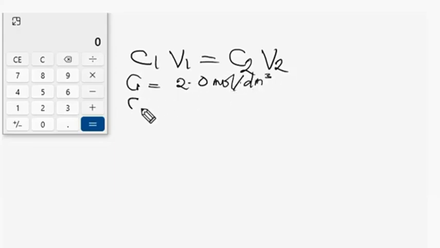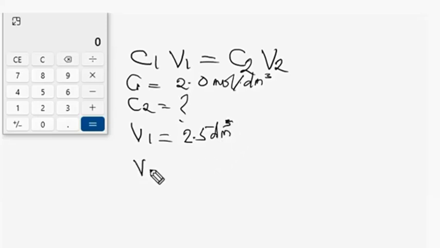Our C2 is not given, and that's the one we are looking for. Our V1 is the initial volume, and that's 2.5 dm cube. And then our V2 will be this initial volume plus the volume of water, and that's 2.5 plus 10 dm cube. So that's 12.5 dm cube.